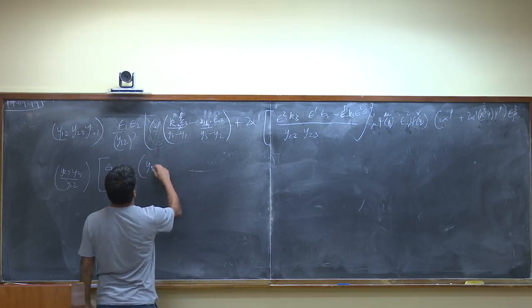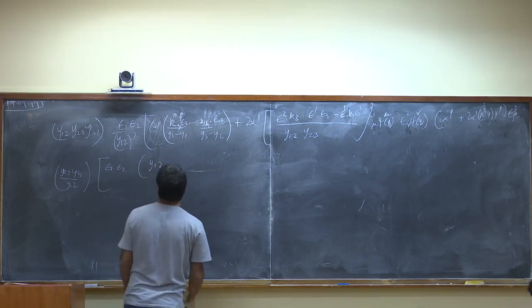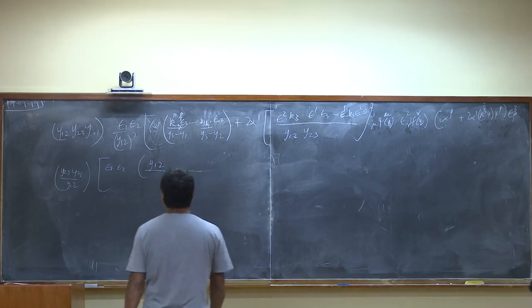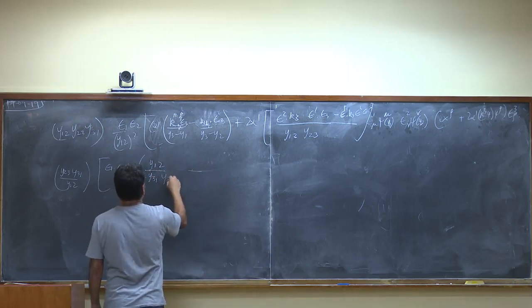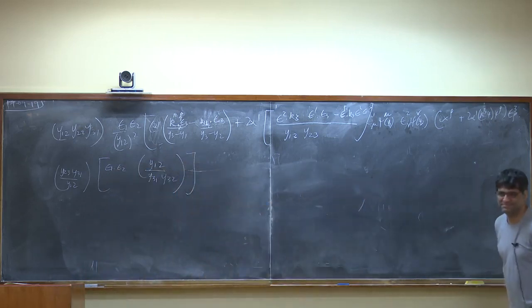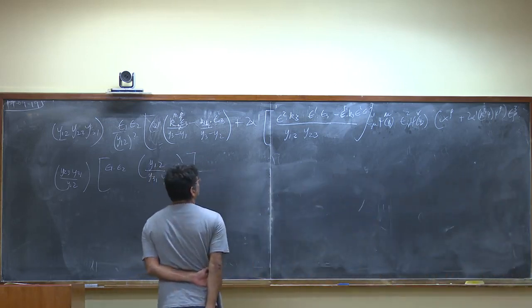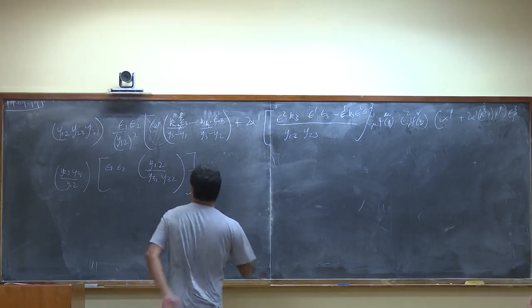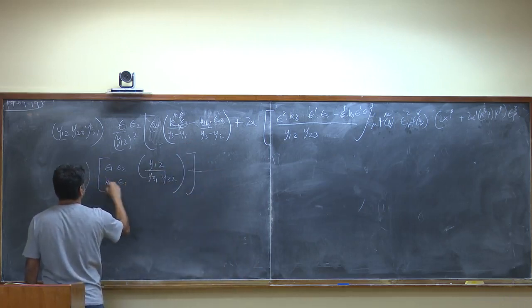So this is y12 divided by y31, y32. And this character, the k12 over 2, times k12 dot epsilon 3 divided by 2.